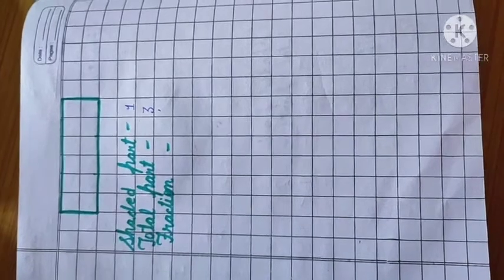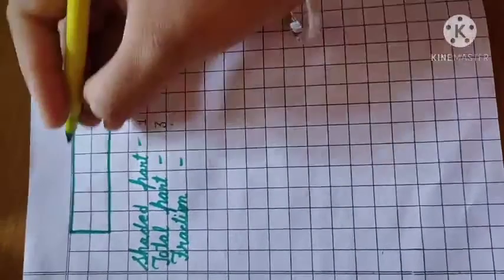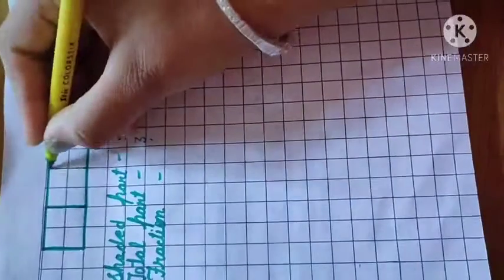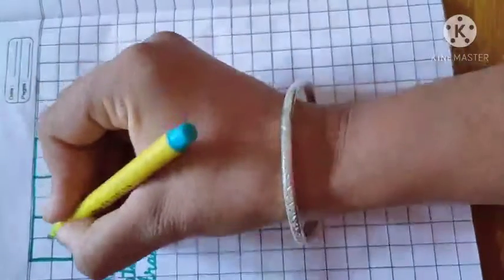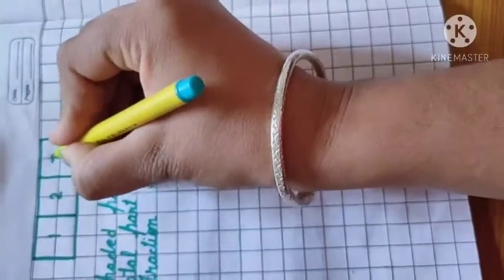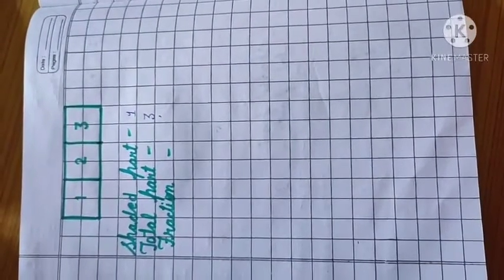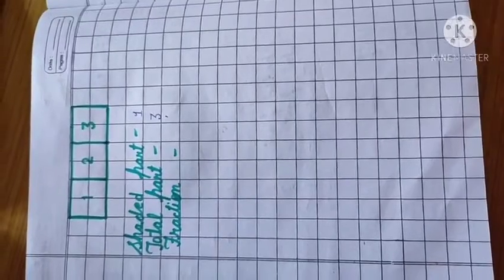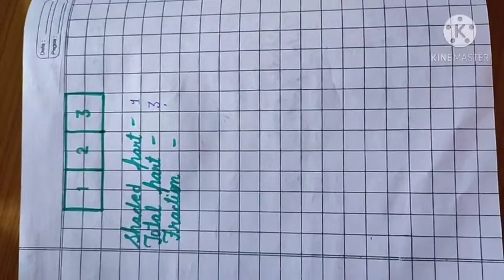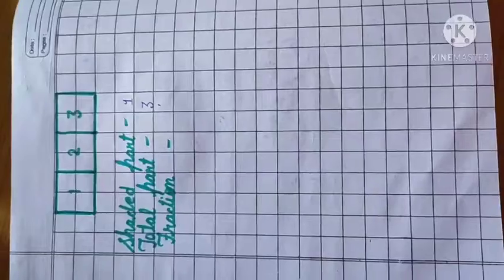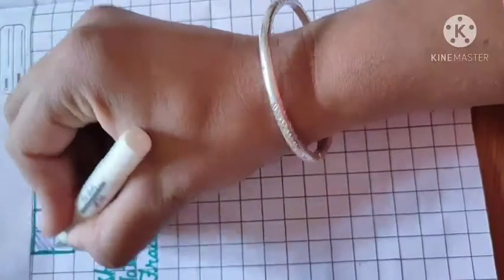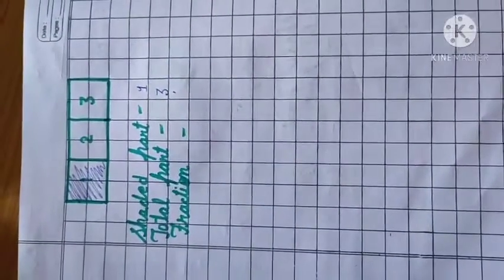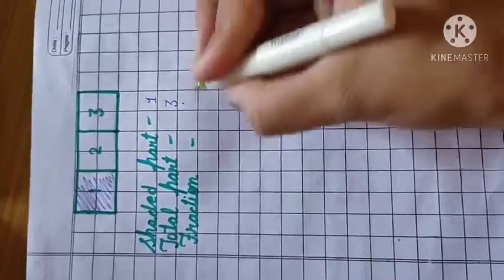Let's divide this rectangle into three equal parts. First part, second part and third part. Here is 1, 2, 3. So this rectangle is divided into three equal parts. Now let's shade one part. So how many shaded parts here? 1 and total parts 3. So what is the fraction?